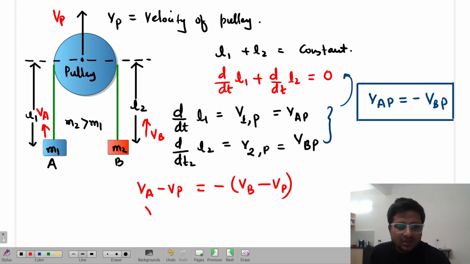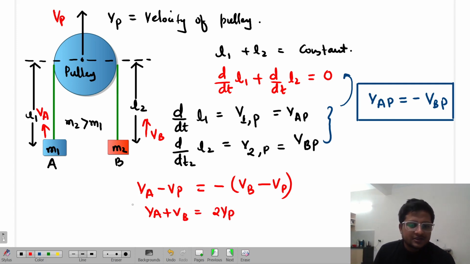Yes. So this becomes V of A plus V of B is equal to twice the velocity of pulley P. And this gives you one relation: the velocity of the pulley is nothing but the sum of velocities of block A plus block B divided by how much? 2.